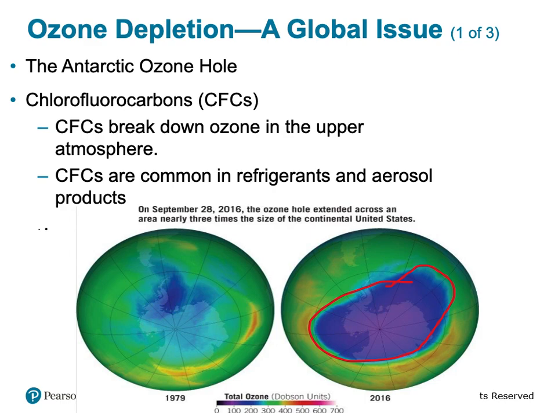And CFCs are common in refrigerants and aerosol products. So again, manufactured chemicals break up the ozone molecules in the stratosphere, weakening our shield against UV rays. Measurements over the past 3 decades confirm that ozone depletion is occurring worldwide and is especially pronounced above Earth's poles, like we see here over the South Pole.